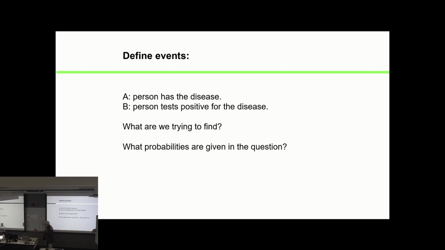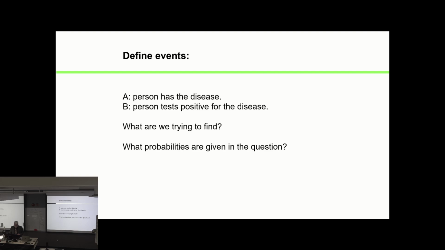I won't say the test is definitely independent of whether you have the disease, but it's a separate thing, a separate outcome. A person with the disease could test either positive or negative. A person who doesn't have the disease can test either negative or positive. So we separate what the actual situation is from what the test result is.